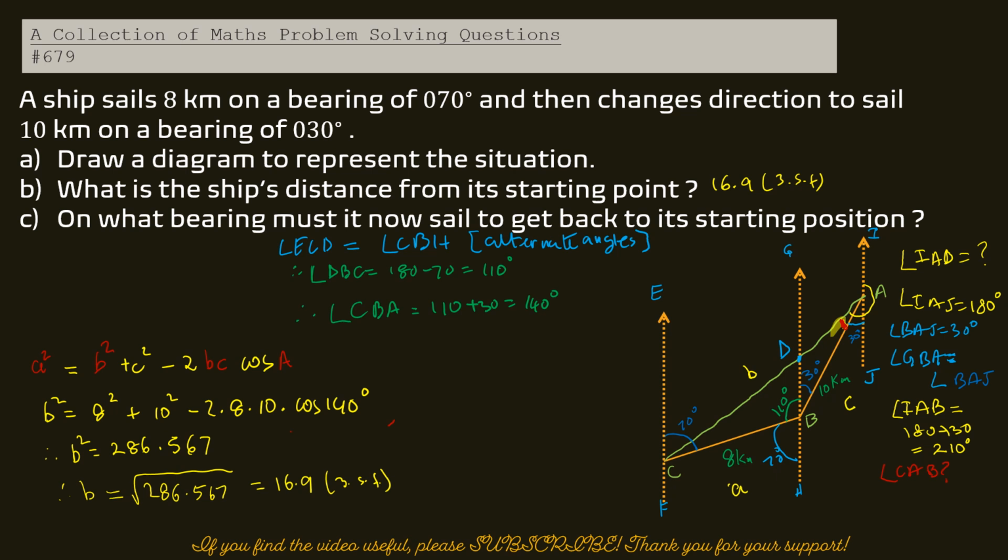So then B I know. I will also write down what B squared is. B squared we found out is 286.567. So we can erase the rest of it.